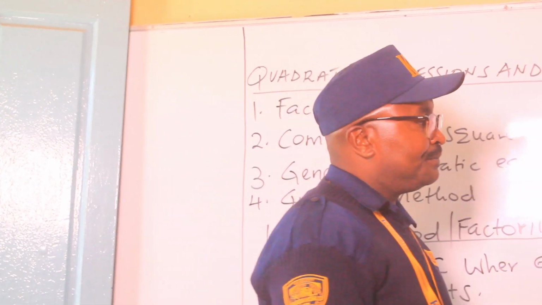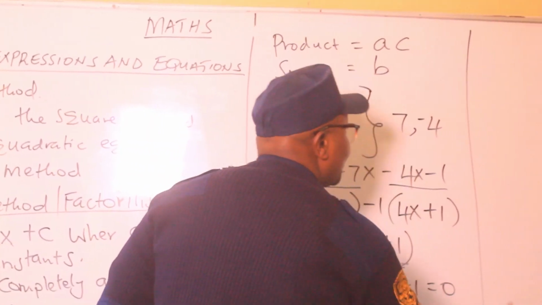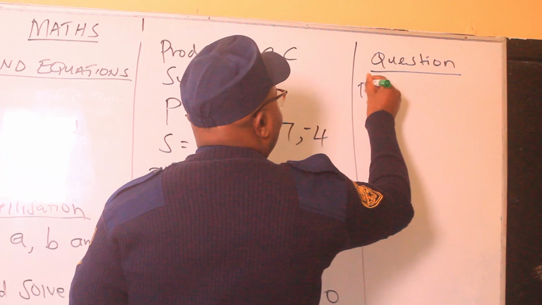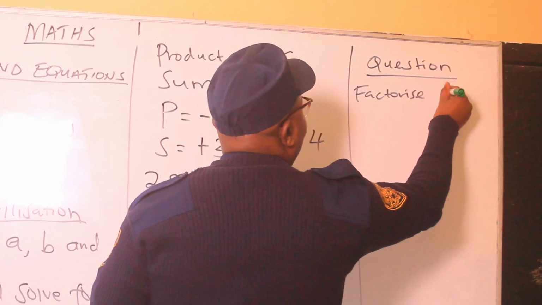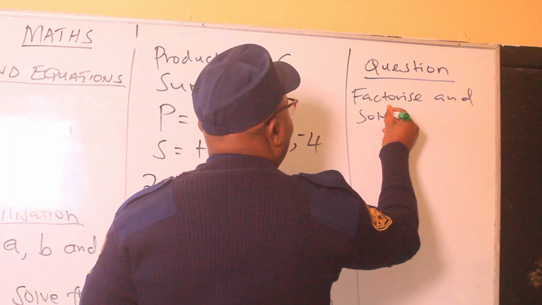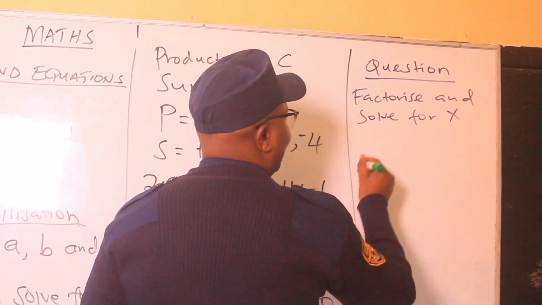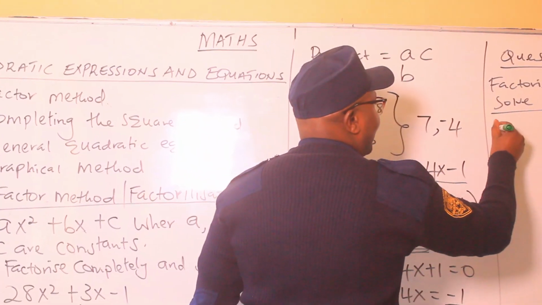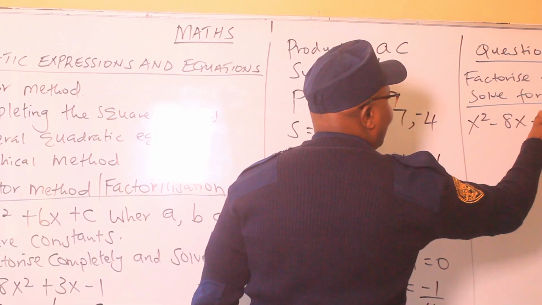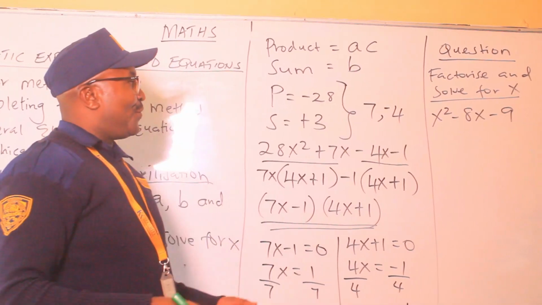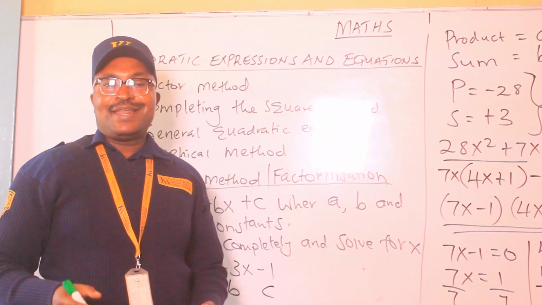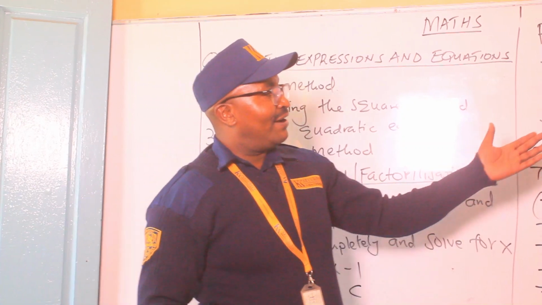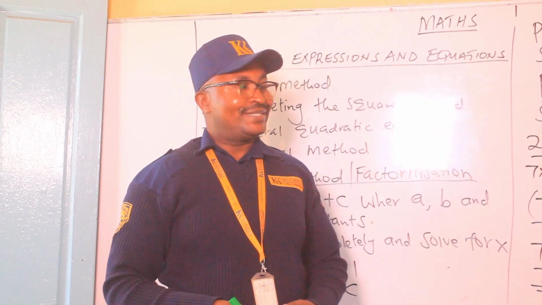This is the question: factorize and solve for x. We have x squared minus 8x minus 9. So before we meet in our next lesson, I anticipate that you will have done my assignment.